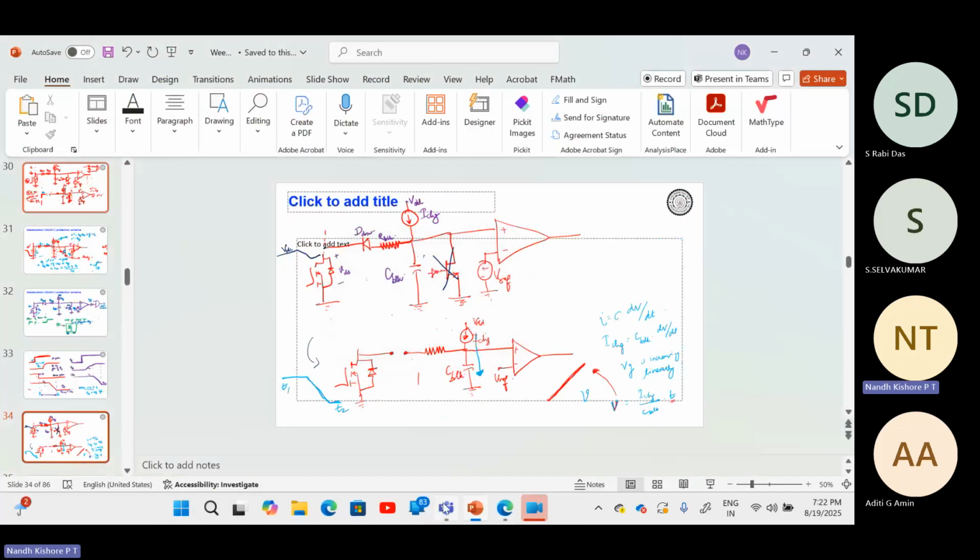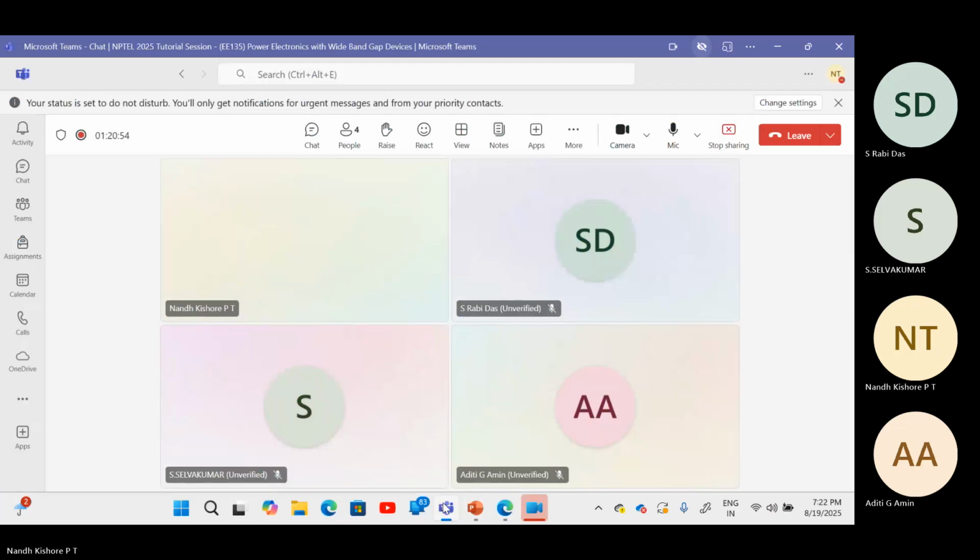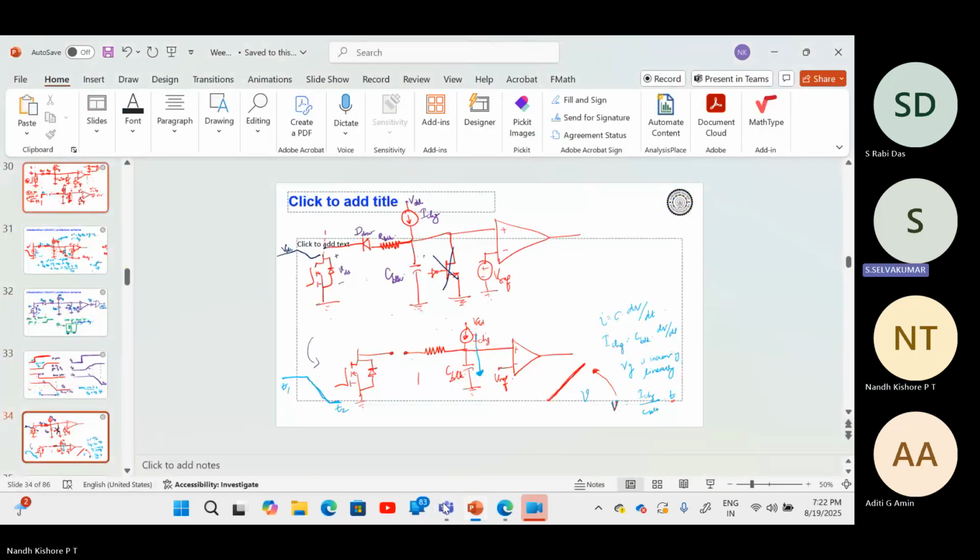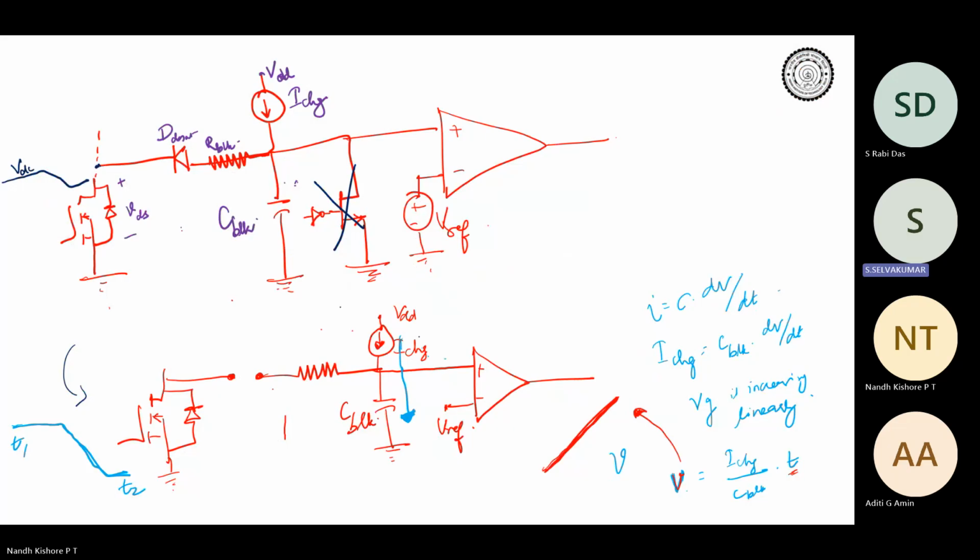Whenever V plus is less than the Vref, the output of the comparator will always be low.